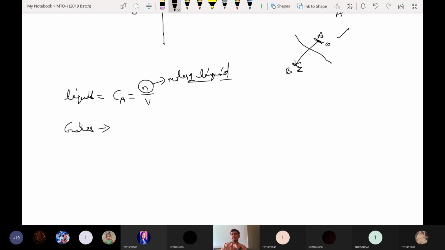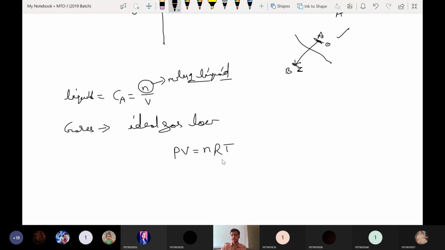For gases, it is very convenient to measure pressures, partial pressures. In that case, we will apply the ideal gas law. What is the ideal gas law? It is PV is equal to nRT. You better know this one.